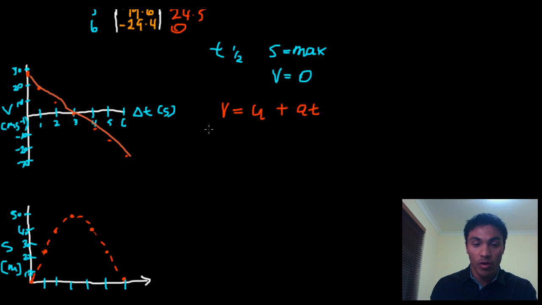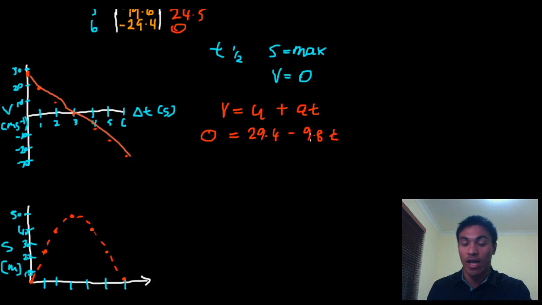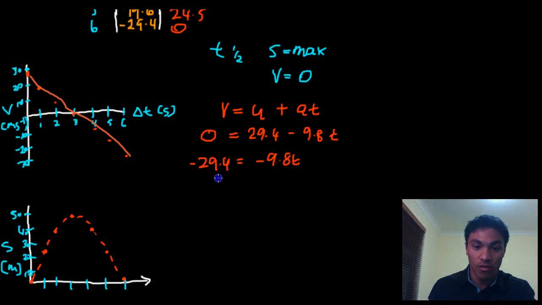At halfway through our motion, the final velocity is going to be 0. And let's use this one. It's going at 29.4 meters per second. So we take that away from 9.8 t, because it's going to slow down 9.8 meters for every second. So if we bring this factor over to the other side, negative 29.4 equals negative 9.8 t, we can solve for t.